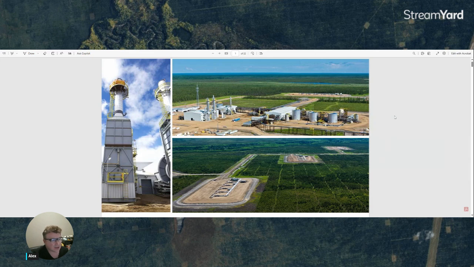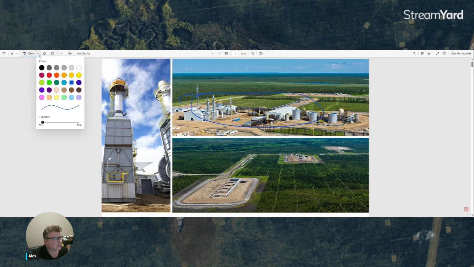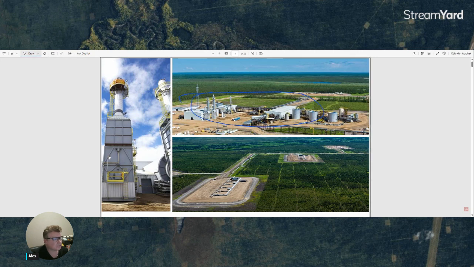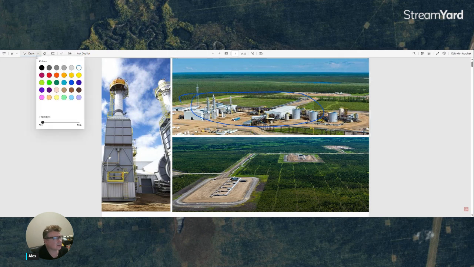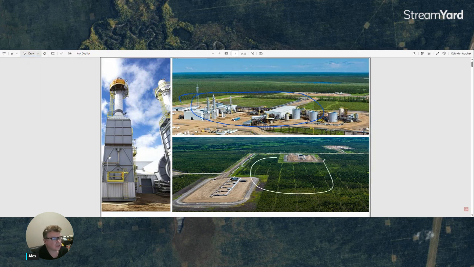So the asset I picked today, you can see in the picture, belongs to Athabasca Oil, and it's called Hangingstone. You can see some of the surface facilities in this picture. At the bottom, you can see the pads, where the oil production is taking place.